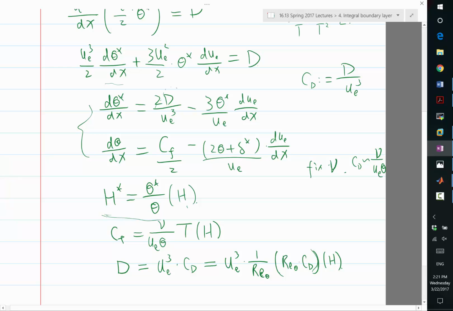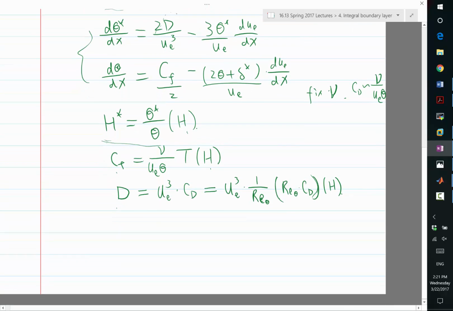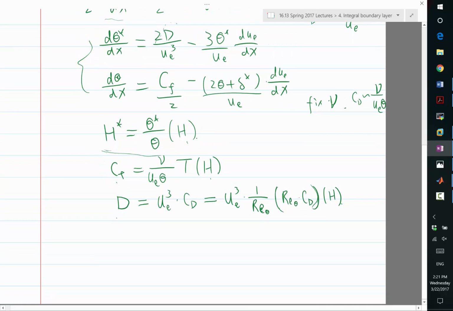H star is a function of H, CF is a function of H, and D is a function of H. That means everything can be written as a function of theta and H, which are going to be the independent variables in this calculation.